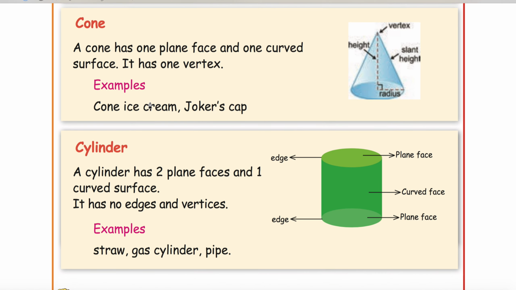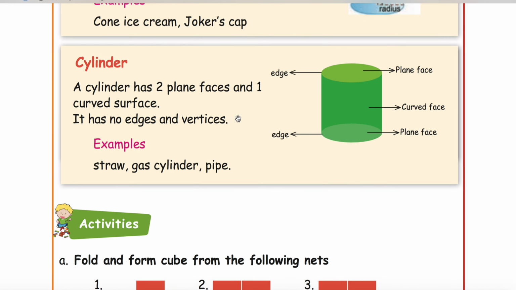Cone. Cone has one plane face and one curved surface. This is plane. This is curved. It has one vertex. This one is the vertex. Ice cream cone and joker's cap are the examples.